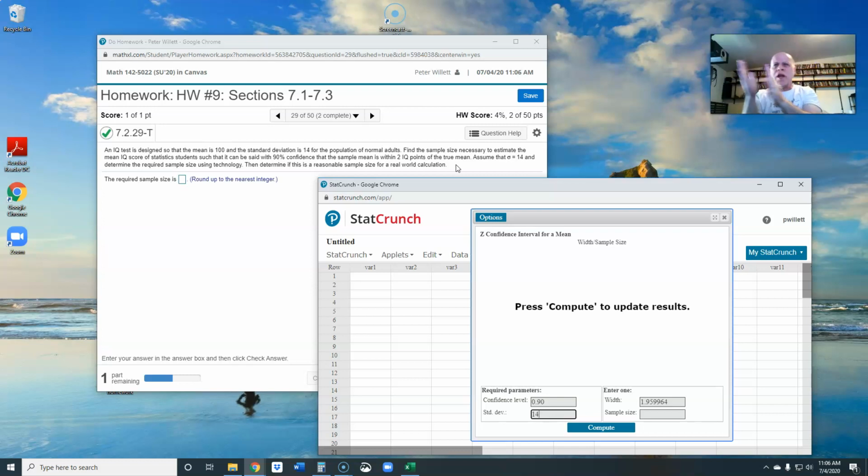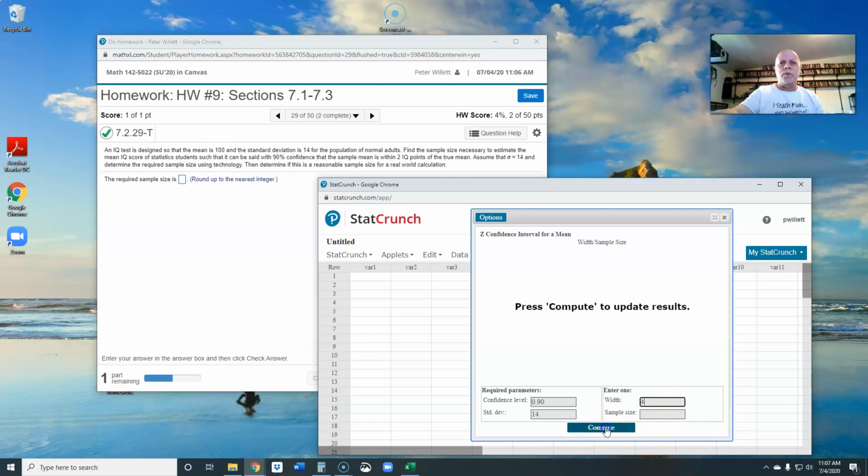That means there's a range from the middle of 2 points in either direction, so the width of the confidence interval would be twice that, or 4 points. So I would put in 4 here. So I can enter these 3 things from the problem. Confidence interval of 90%, sigma value, standard deviation of 14, and to be within 2 points in either direction, I need an overall width of 4 to guarantee I'm within 2 points one way or the other.